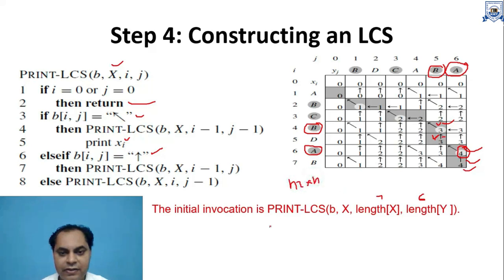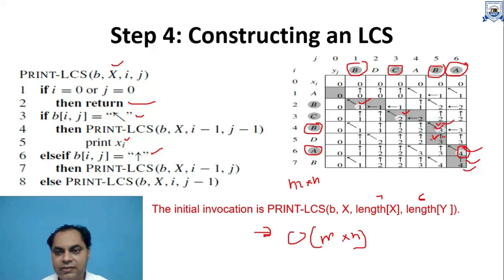So the complexity of this algorithm is order of m into n. Okay, and the characters which are highlighted over here are those which came on the diagonal, like this and this. These are part of the LCS.